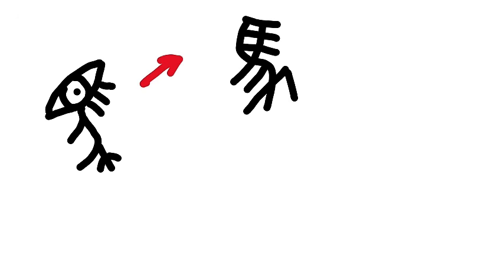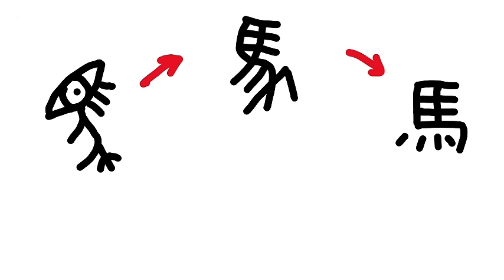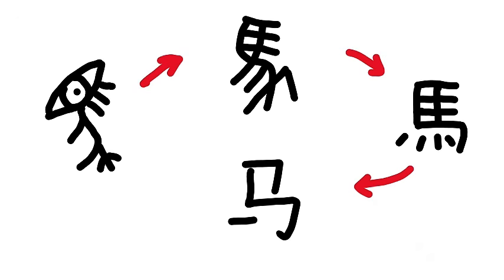Over time, the character evolved into this form, then into the traditional character still used in Taiwan and Hong Kong. And about 70 years ago in mainland China, it was simplified to this form. This is the character for horse, and it is pronounced as ma.